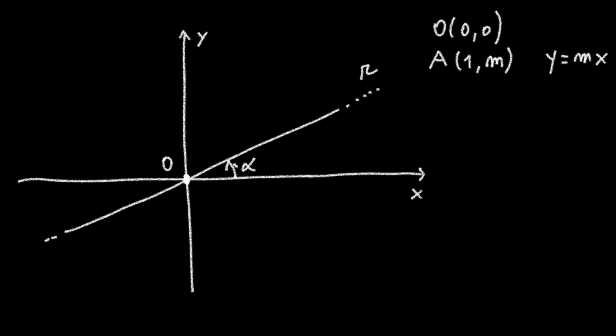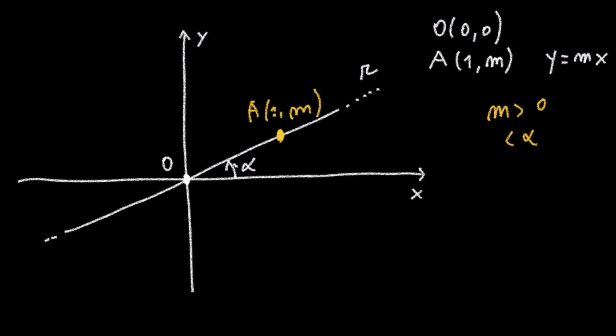So point A, (1, m), lies on the line, and if m is greater than 0, point A is in the first quadrant. And the line passes through the first and third quadrants.